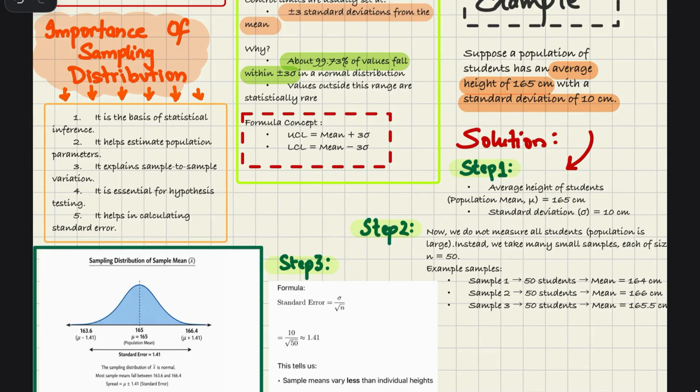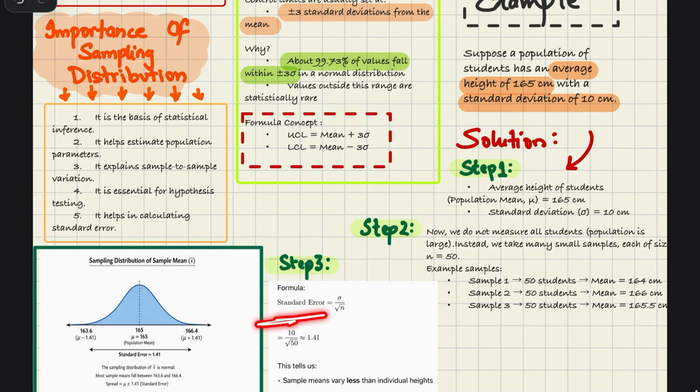If we draw samples of, for example, 50 each, we calculate sample 1. Sample 1 is 50 students, and for example their mean is 154 centimeters. So how do we get from this? First, we'll calculate the standard error.